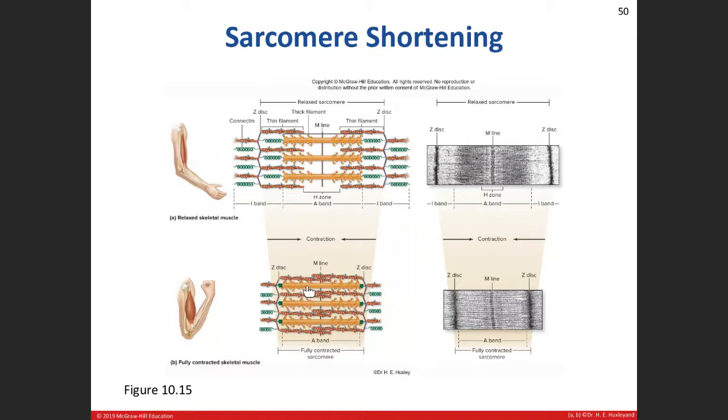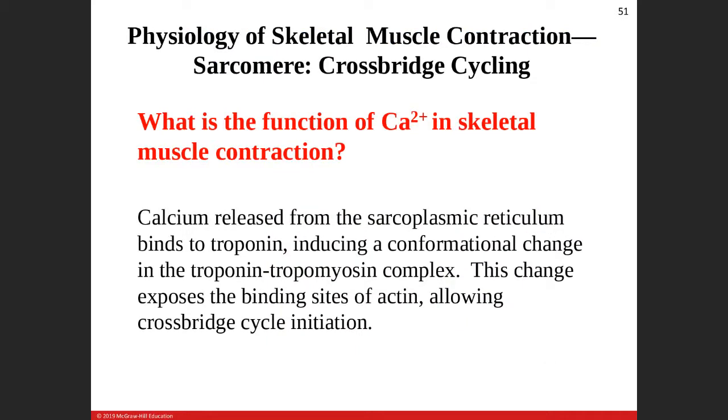It's just the amount of overlap that changes. That will increase, so that H zone will get smaller or completely disappear if it's a maximal muscle contraction. And the I band is smaller or can disappear during maximal muscle contraction. So just keep those qualities in mind.